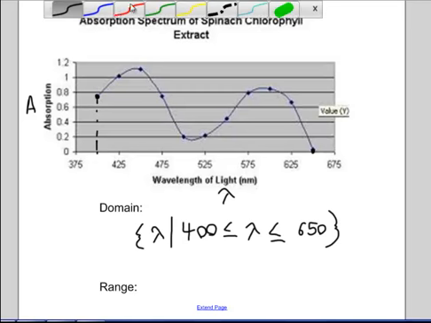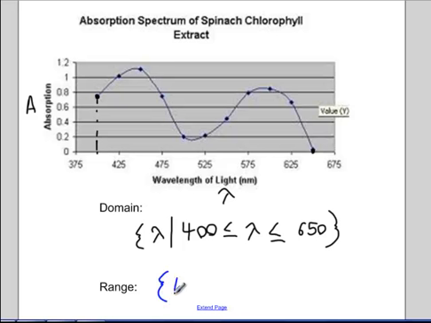Alright, let's do the range now. So range is my lowest value to my highest value, but now we're going up and down. So my lowest value, let's set it up. So my set notation. Now we're dealing with A for my variable. My lowest value right here, well, that corresponds to 0.